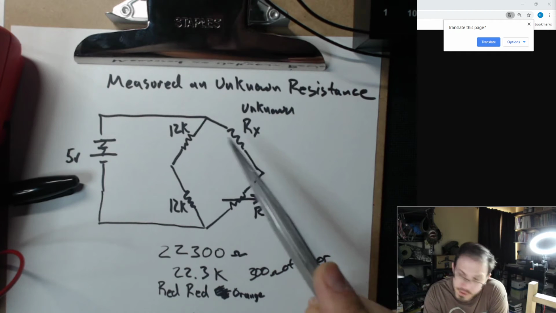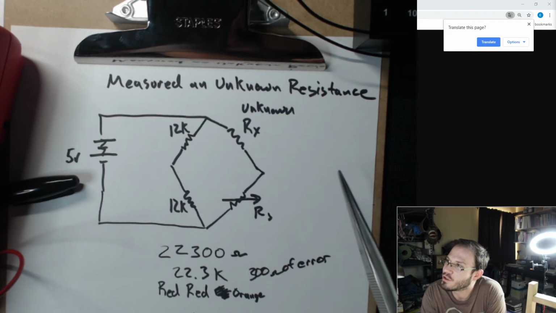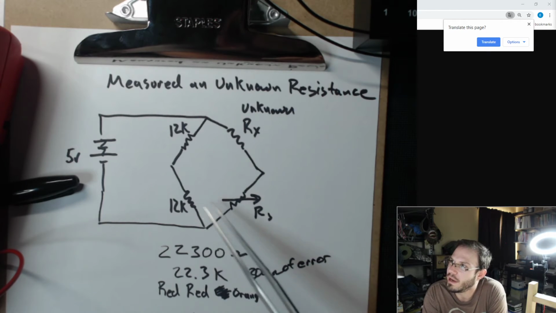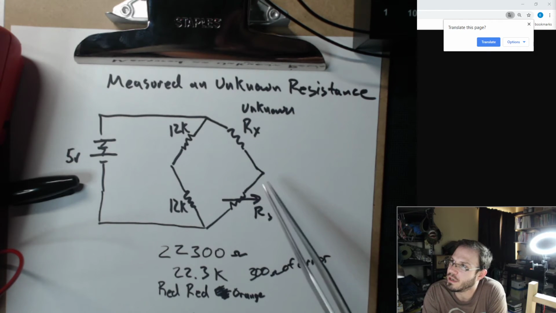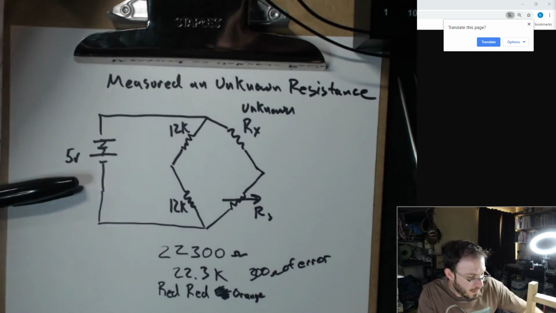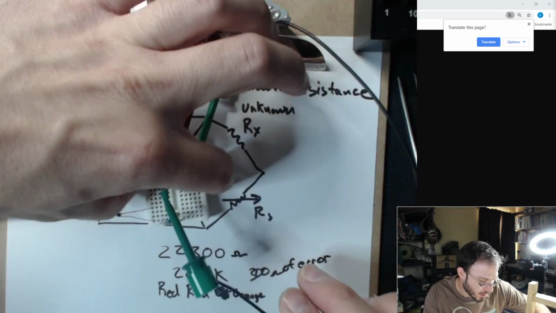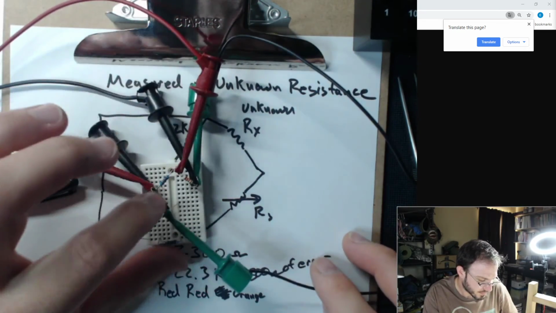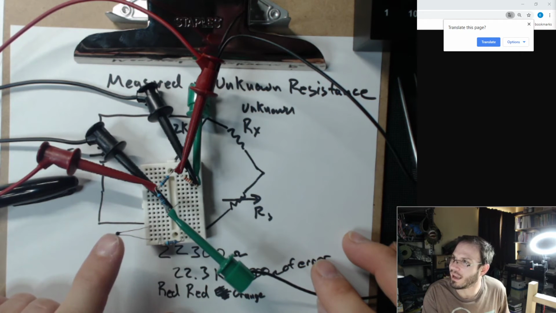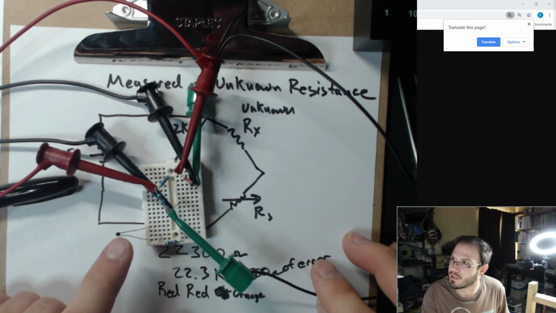We can use this bridge so that a circuit can measure resistance. We can use this bridge for measuring different unknown resistances from something like a sensor. And that's exactly what I have down here. This little black thing is actually a temperature sensor.